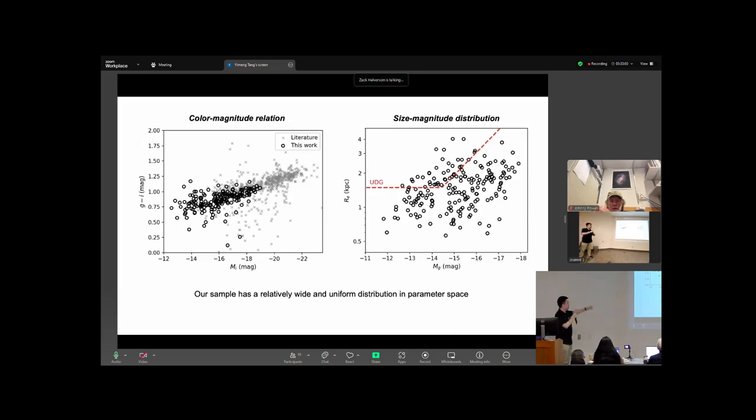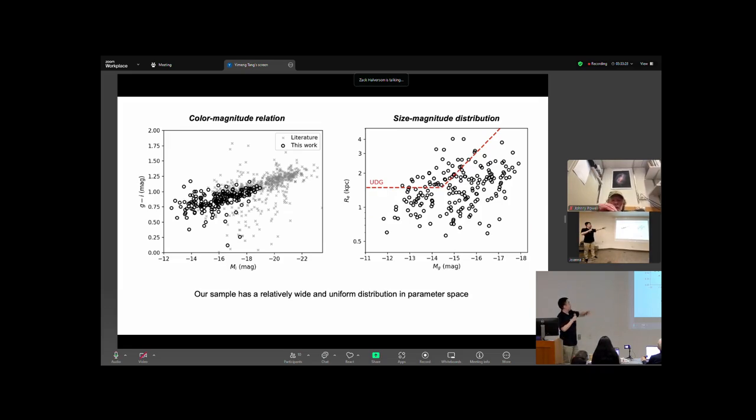This shows the distribution of our sample in some basic parameter spaces. On the left side is the color-magnitude relation. Basically, our sample is on the red sequence, and we just want to show that those compact sources are GCs. The mass range, as I said, is 10^7 to 10^9.5.